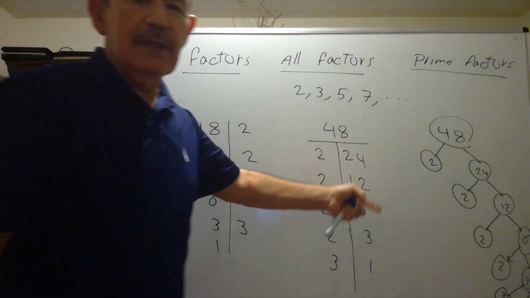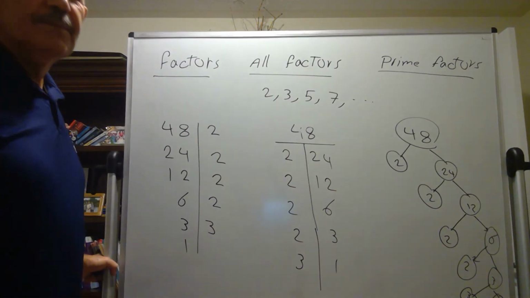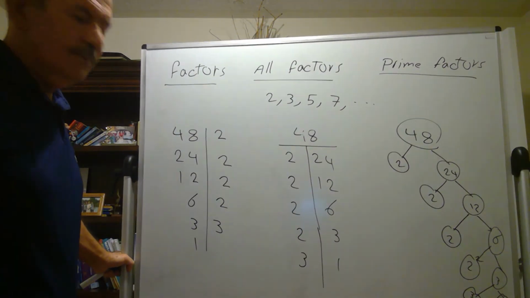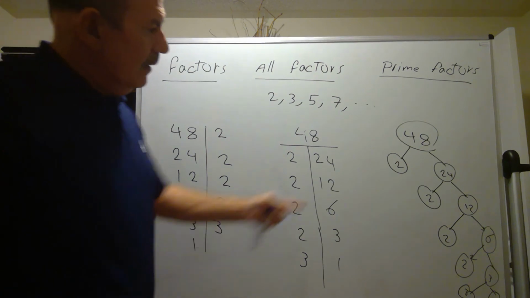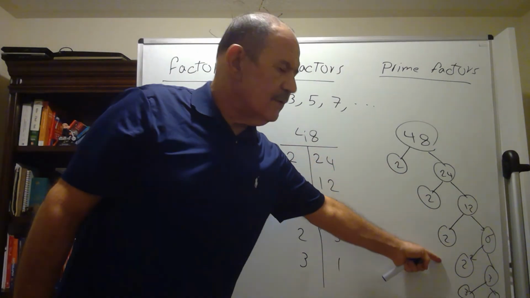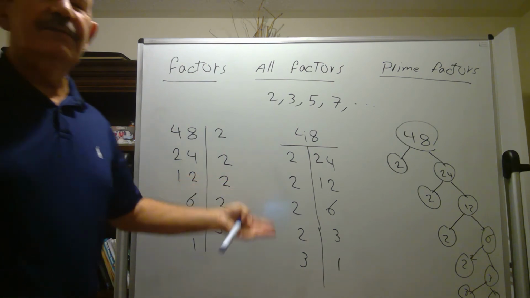This is the other method that we call the leaf method. As you see, again, the answer is the same: 2 times 2 times 2 times 2 times 3. We always end up with the same answer, but these are the different methods.